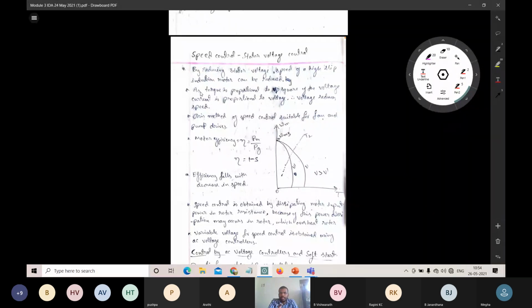Since the current is also directly proportional to the voltage, the torque is directly proportional to the current, and torque is directly proportional to the speed. So the changes in the voltage are directly proportional to the changes in the speed. So the change in voltage changes the speed as well.